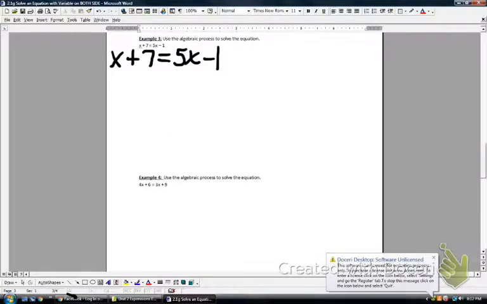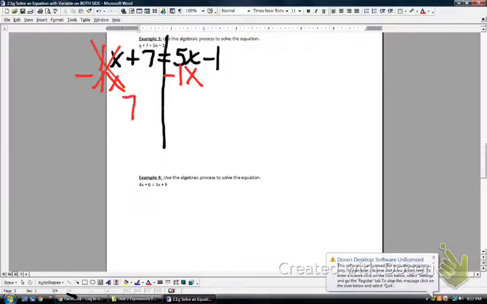Example 3, I'm going to work two different ways so we can look at that algorithm. The algorithm says look for the smallest variable and undo it. So when I separate my brothers and my sisters, I'm going to write it because it's not written in black, but this x is the same thing as 1x. This is my smallest variable, so I'm going to subtract that from my brothers, which means I have to do that from my sisters.